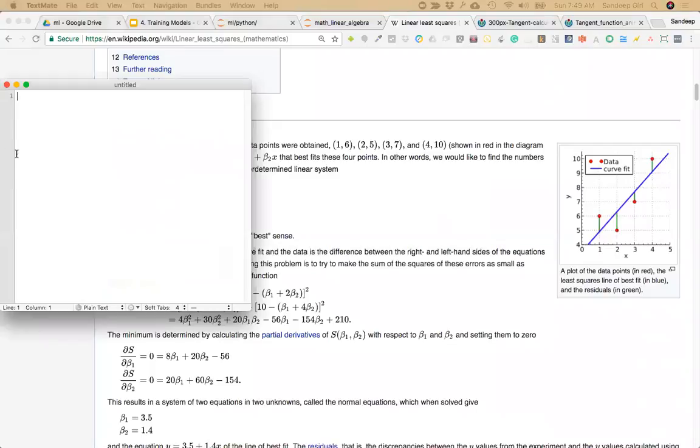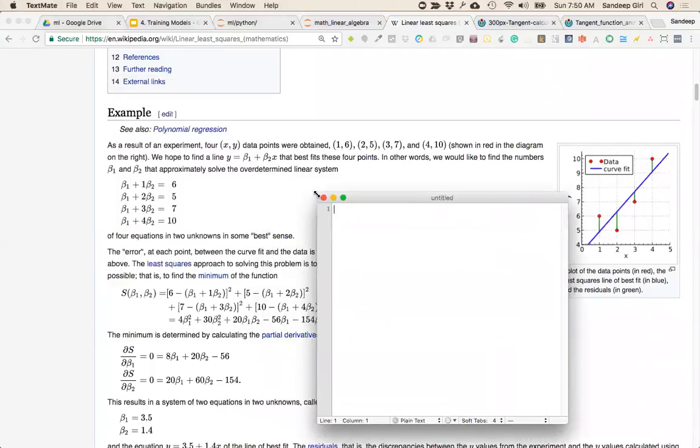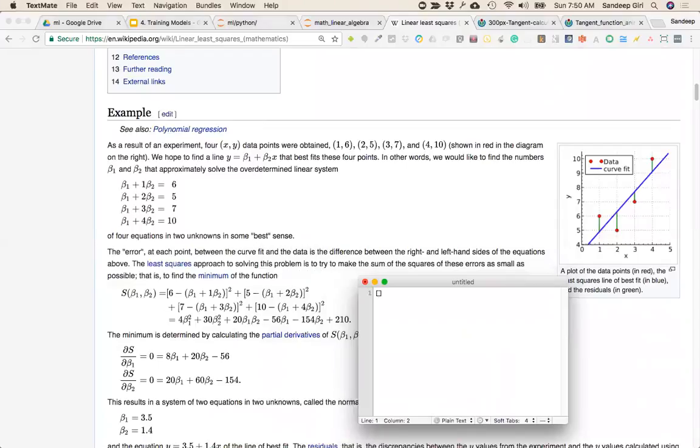Anybody? So capital X is, including the X naught, I'm just putting the X naught with it. Okay. 1, 2, oh, this is pretty simple. And 4, correct?